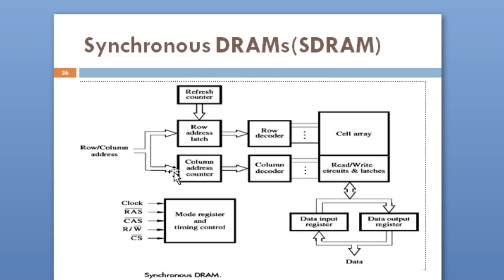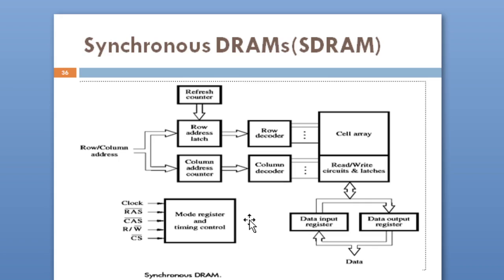Here the address bits are divided into two groups: one is the row address and another is the column address. We have another circuit, the mode register and timing control. This synchronous DRAM works on a different mode of operation: it transfers the data in terms of blocks.